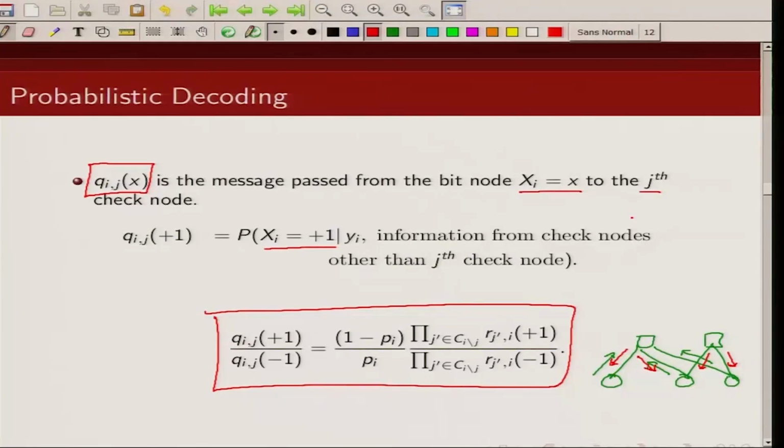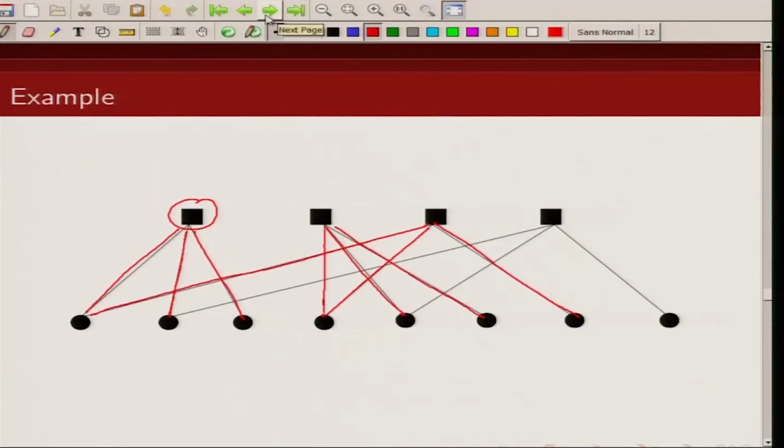If you label your bit nodes 0, 1, 2, 3, 4, 5, 6, 7, and similarly label the parity check constraints 0, 1, 2, 3.